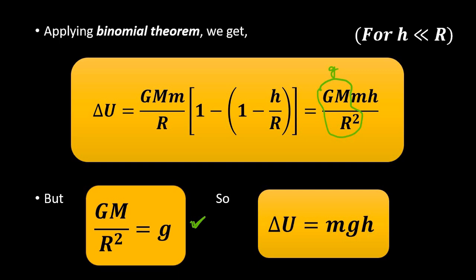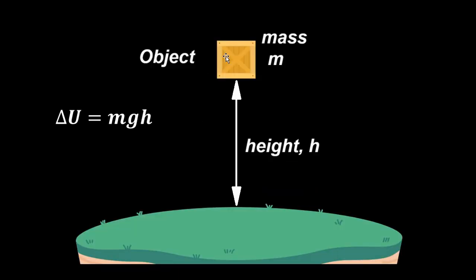If we have any object with a certain mass, small m, lifted upwards to a certain height, small h, above the surface of the Earth, the change in potential energy is small m, the mass of the object, small g, the acceleration due to gravity acting downwards, and small h, the height above the surface of the Earth, or the height of elevation.